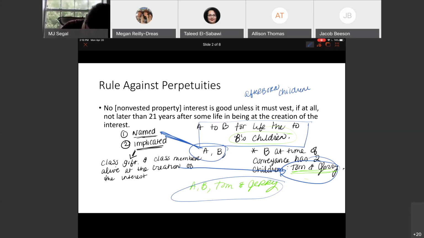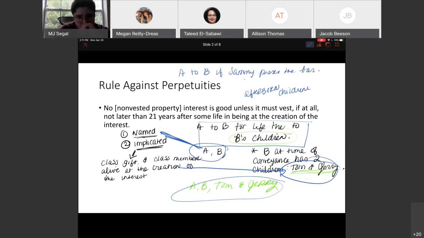Now, whether or not you're a measuring life has nothing to do with whether or not you take. You can be a measuring life and take nothing under the conveyance. So if it said, for example, A to B, if Sammy passes the bar, right? So Sammy is a measuring life, even if he doesn't take anything from any real property.